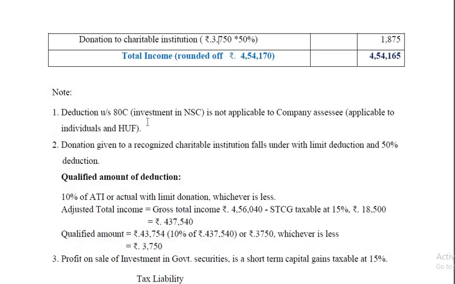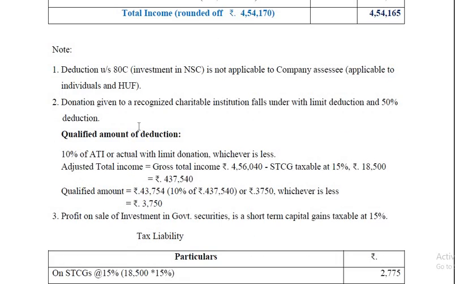Alright, see the additional information. Reduction under 80C, investment in NSC is not applicable to company assessee. This deduction under 80C is applicable in the case of individuals and HUF, Hindu undivided family. Donation given to a recognized charitable institution falls under with the limit donation and 50% reduction.